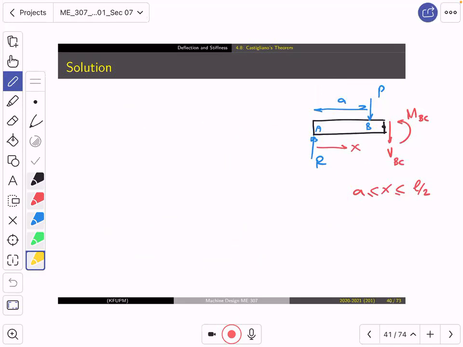So if I do this, look what will happen. I will take the moment again at this point, which is the end, to get rid of the shear force.